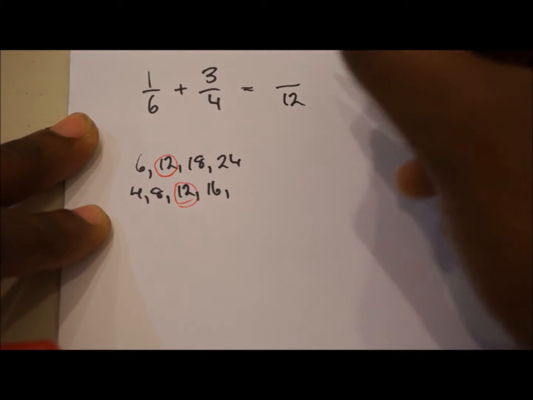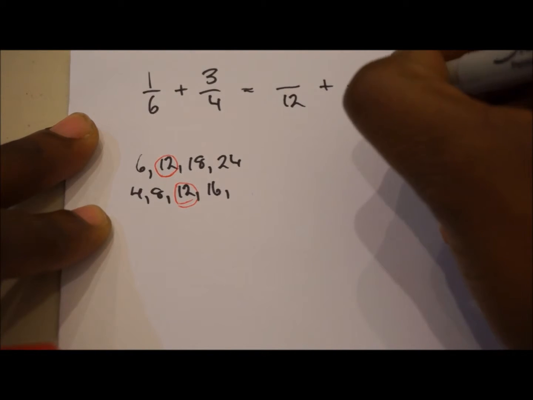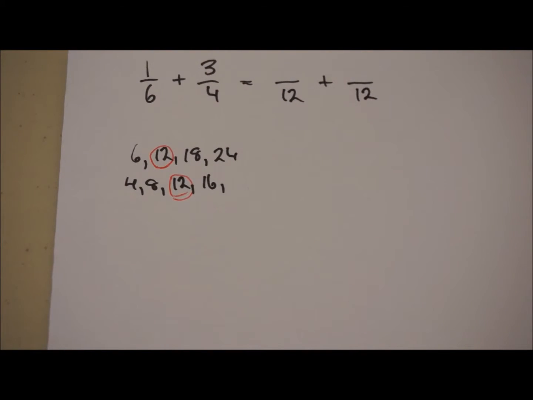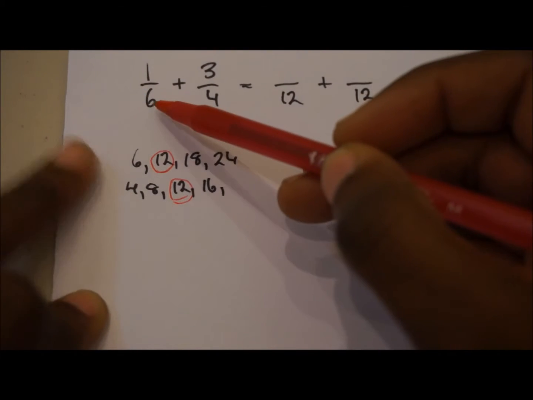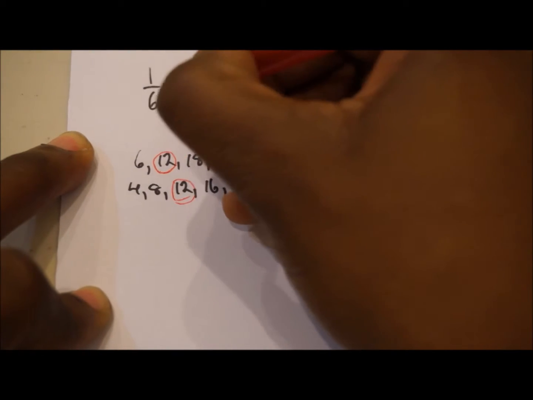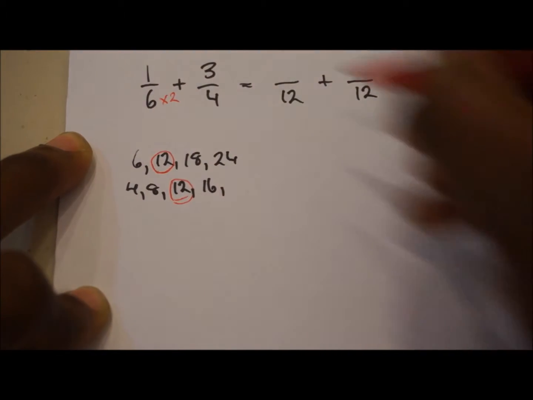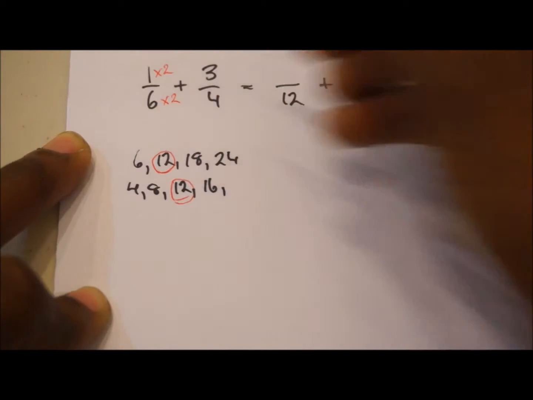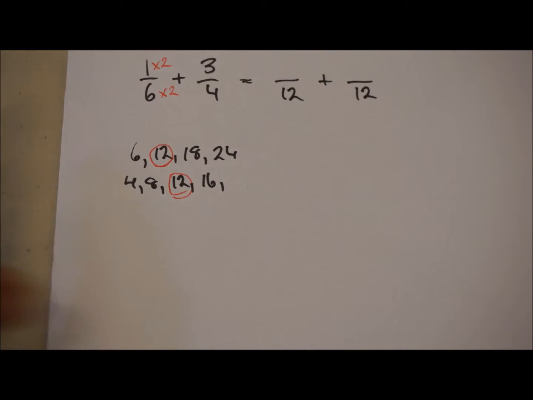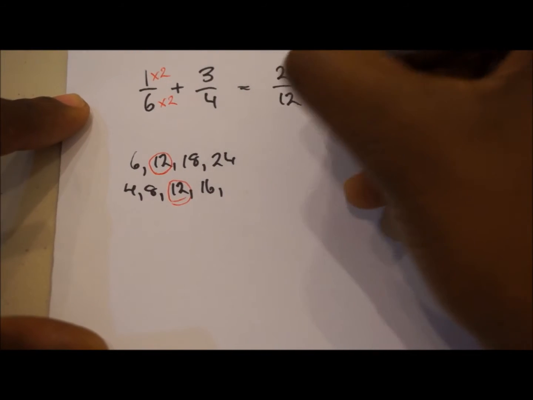Remember how we do our equivalent fractions. I ask myself, what do I have to multiply 6 by in order to get 12? I need to multiply 6 by 2. Therefore, I multiply my numerator by the same 2. So 1 times 2 gives me 2. Therefore, this fraction now is 2 over 12.